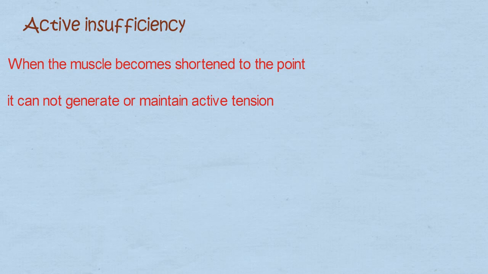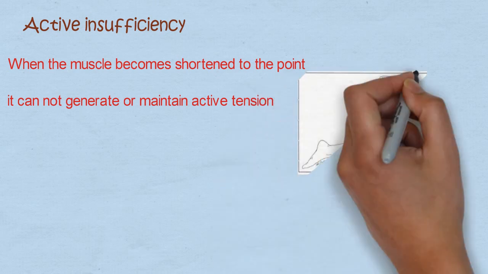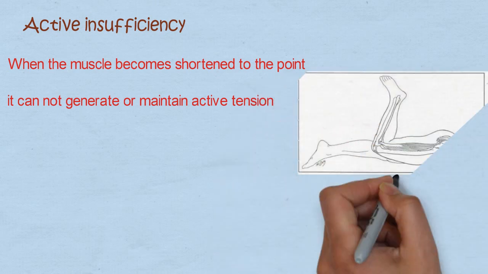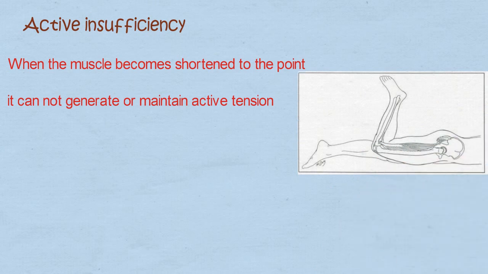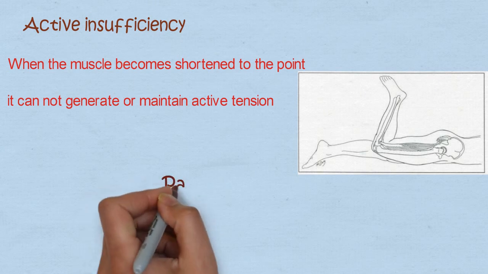The muscle should be a two joint muscle, like the hamstring muscles. When the hamstring muscle is contracted, its function is hip extension and knee flexion. It is simultaneously contracted over both the joints, so it fails to produce a useful amount of tension.